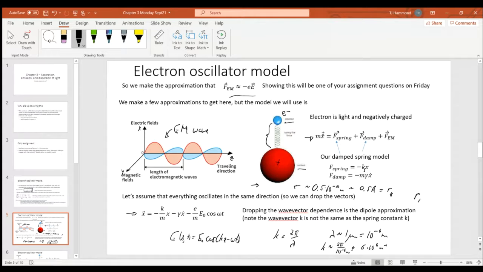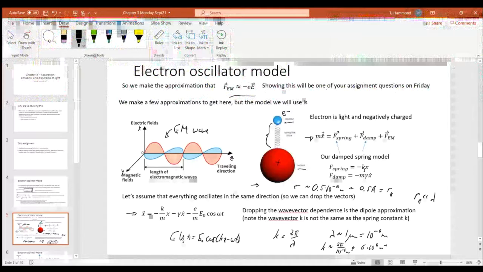The Bohr radius is much, much less than the wavelength. And using that approximation is called the dipole approximation. By dropping that z dependence, we're saying that because this atom is so small, it's going to see the same field across the entire atom or molecule or whatever, so there's going to be no z dependence, and that's called the dipole approximation.